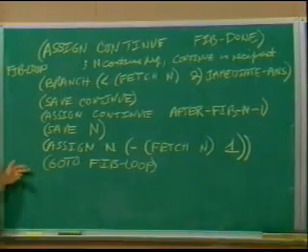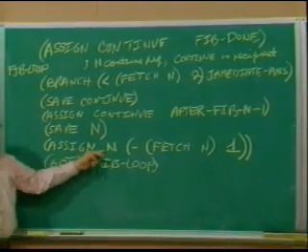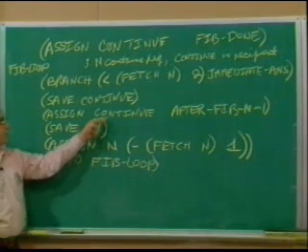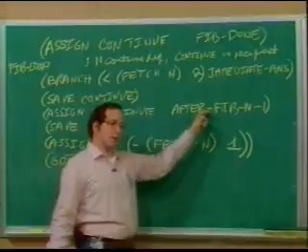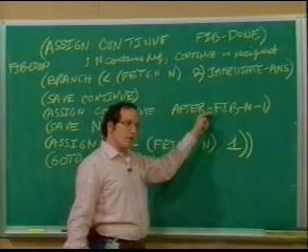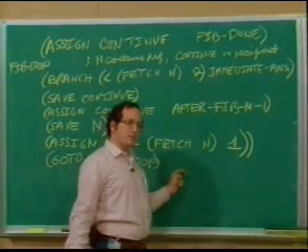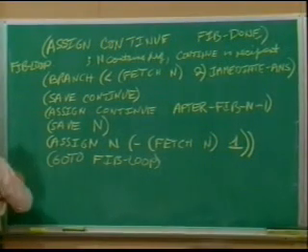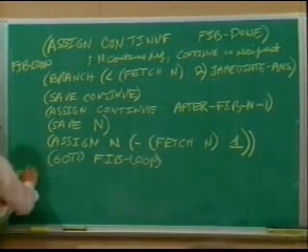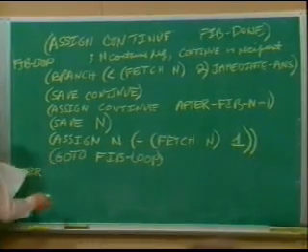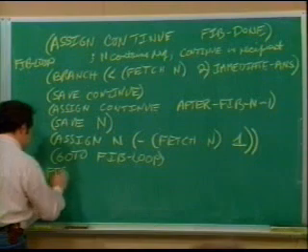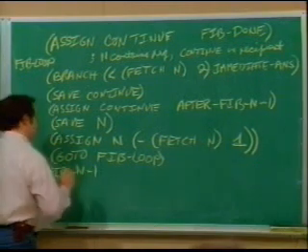And the answer is yes. N contains n minus 1, which is what I need. Continue contains a place I want to go to when I'm done with calculating fib of n minus 1. So I've satisfied the contract, and therefore I can write down here a tag after a label, after fib n minus 1.